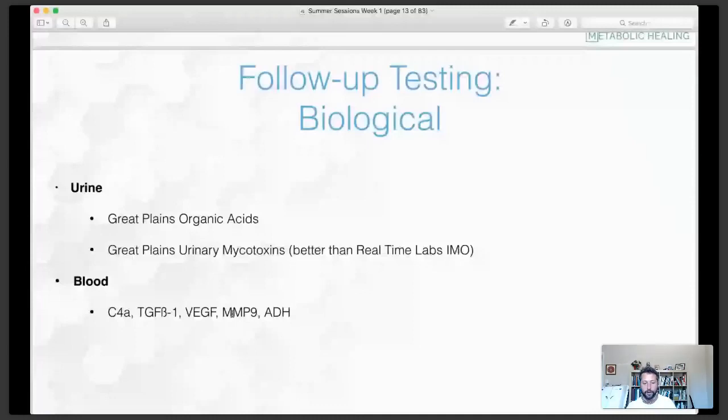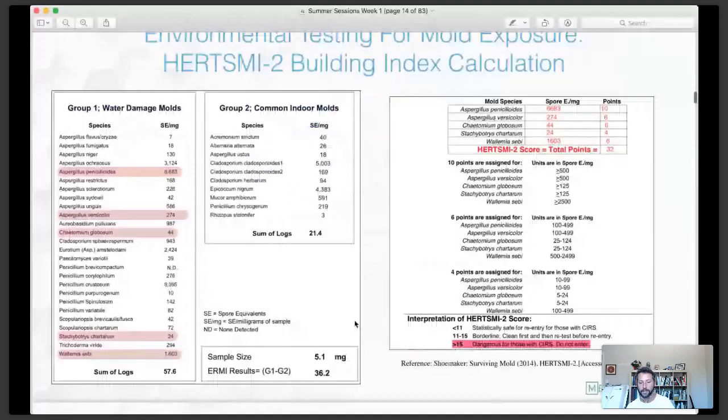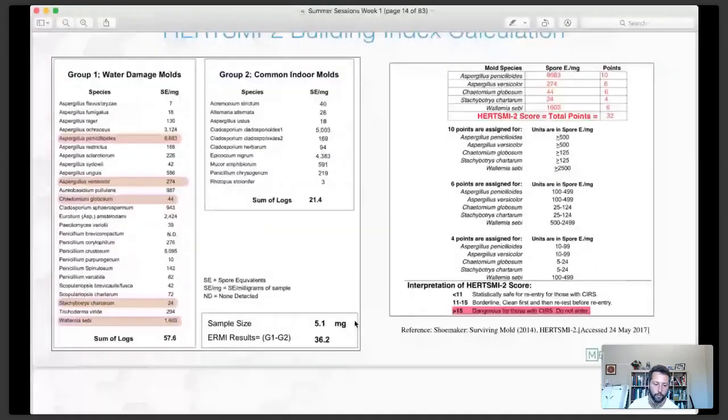So this is the ERMI-HERTSMI test. This is an actual result from a client with lots of mold going on. The ERMI is what you're seeing here on the left. Basically, what you need to know is that there's all kinds of different molds that can show up. The Cladosporium that I didn't highlight, the Cladosporium that you see at 5003, Epicoccum nigrum, these can be from plants.